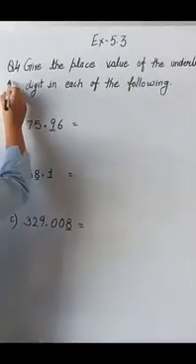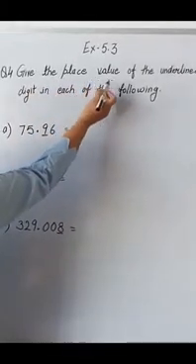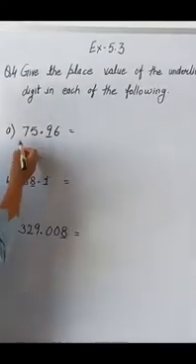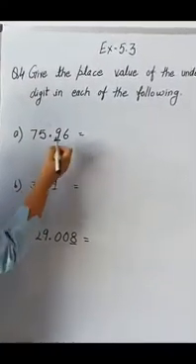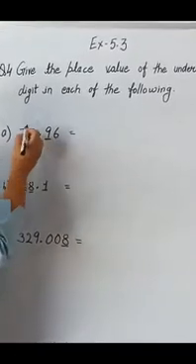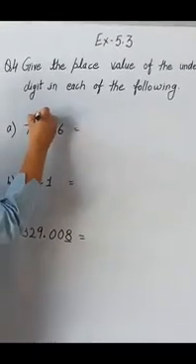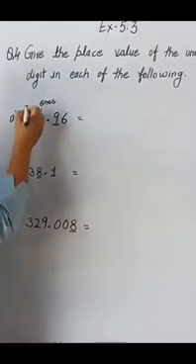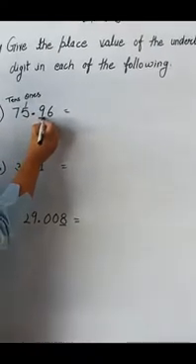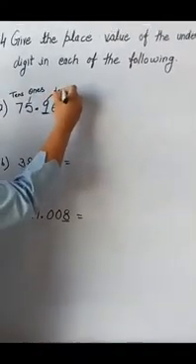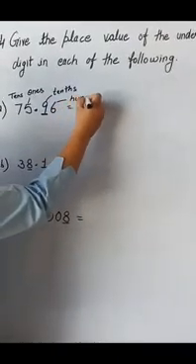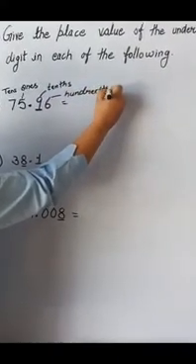Now question number 4. Give the place value of the underlined digit in each of the following. Now it is ones place, it is tens place. After the decimal, the first place is called tenths place and the next is hundredths place.